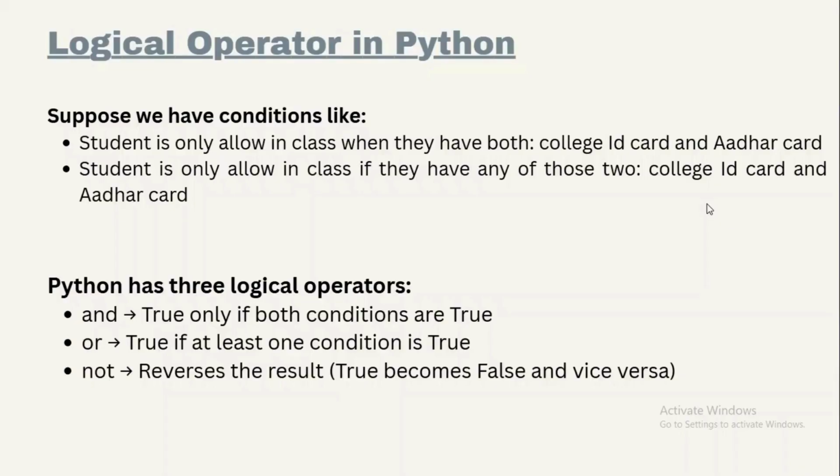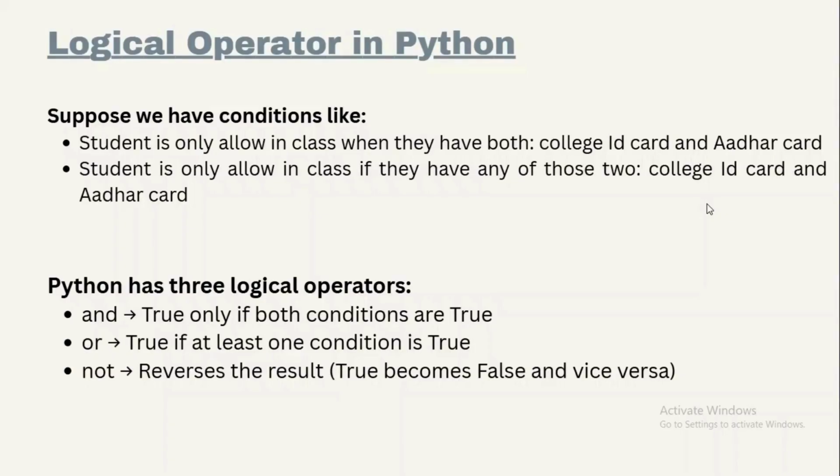In the second system, a student is only allowed in a class if they have any of these two, a college ID card or an Aadhaar card. So in the first system, both documents are mandatory, but in the second system, one document is mandatory. It can be a college ID card or it can be an Aadhaar card.